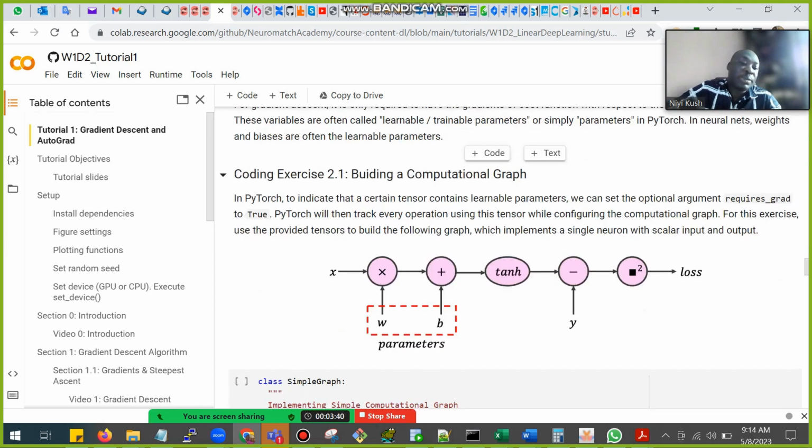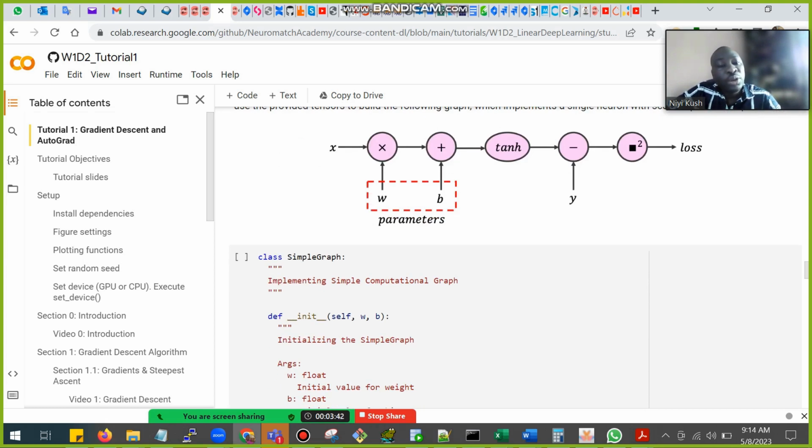If you look at my screen, we are looking at this function, which is a single neural network, very simple and straightforward. What we are concerned about is finding the derivative of the cost function, which is usually defined with the inclusion of learnable parameters.